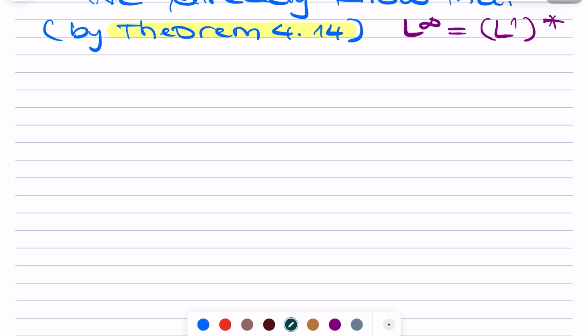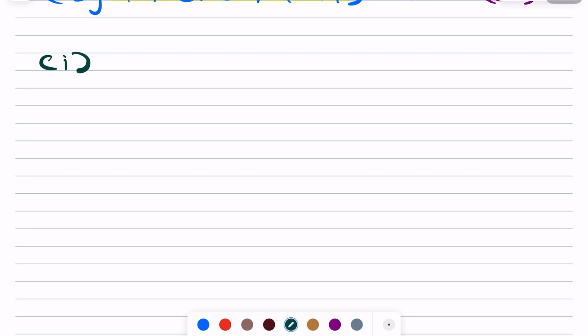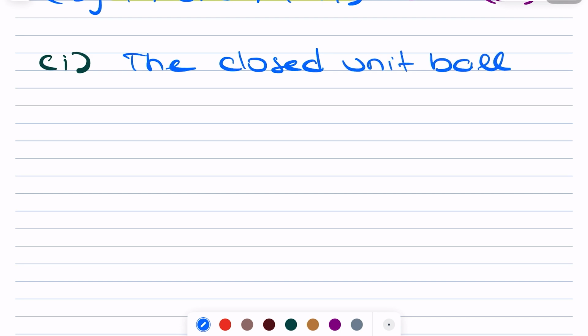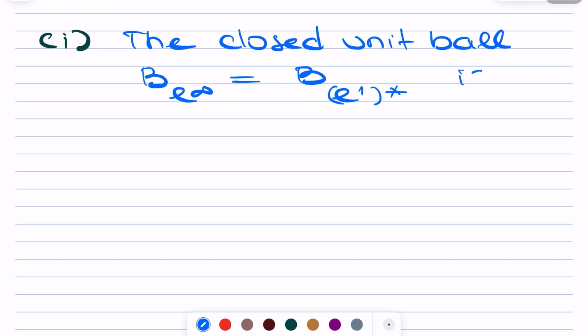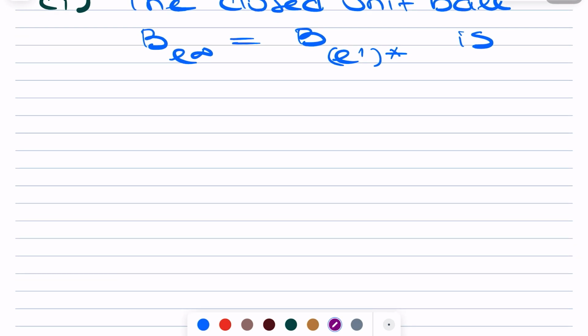Number 1: the closed unit ball in L infinity, which can be written as the closed unit ball in the dual of L1, is weak star compact. This is actually a consequence of, not a consequence but even the Banach-Alaoglu-Bourbaki theorem.